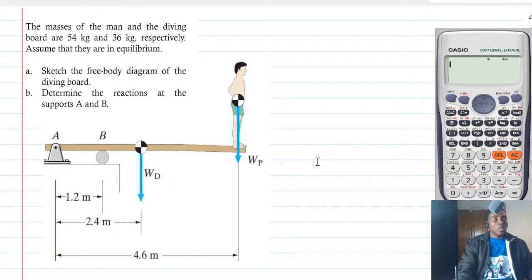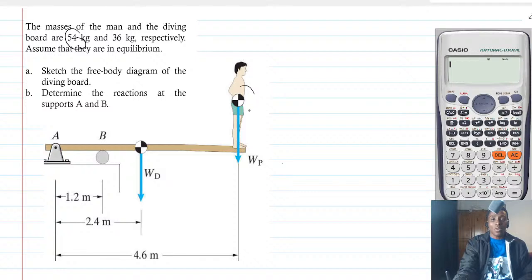All right. So the masses of the man and the driving board are 54 kilograms and 36 kilograms. Is that right? Okay. So now we know that the mass of this man is 54, right? So the mass of this man is 54.